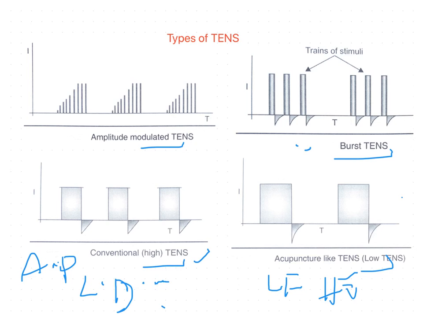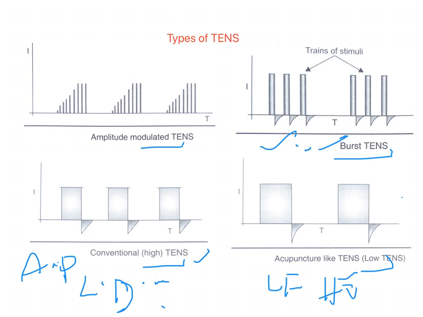This combines characteristics of both high TENS as well as low TENS. Pain relief is through the stimulation of endogenous opiates, that is low TENS, which is activating the descending pain suppressant pathway, where the opiates are released.